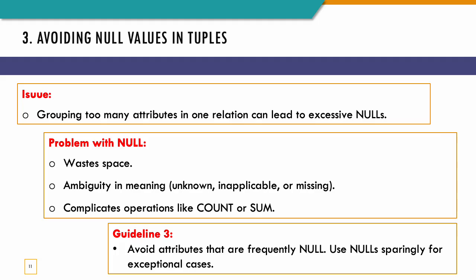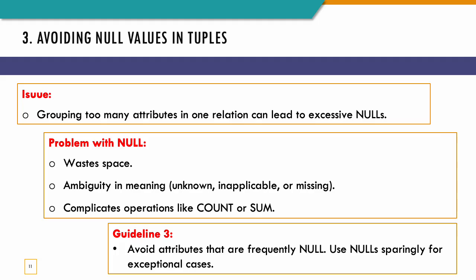And this will create confusion because it's not always clear why a value is null. Is it missing? Is it unknown or just not applicable? That can lead to mistakes when using our data. It also complicates operations.